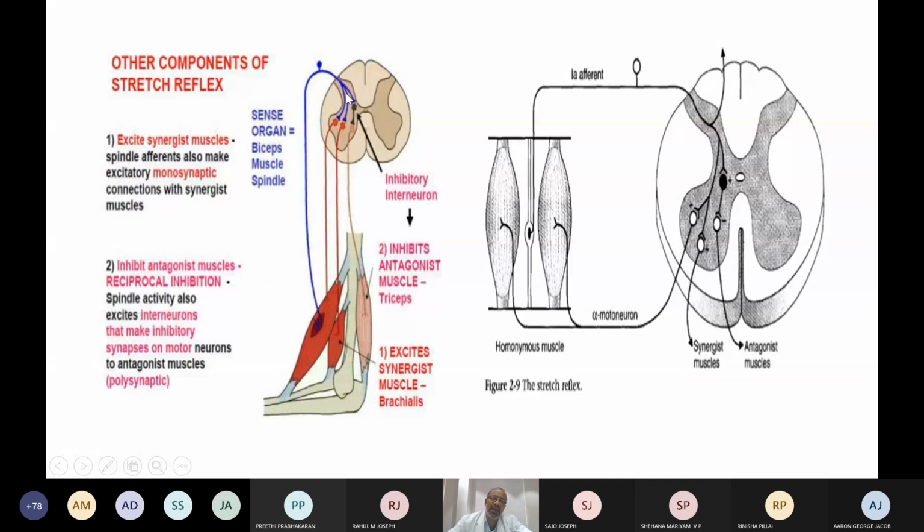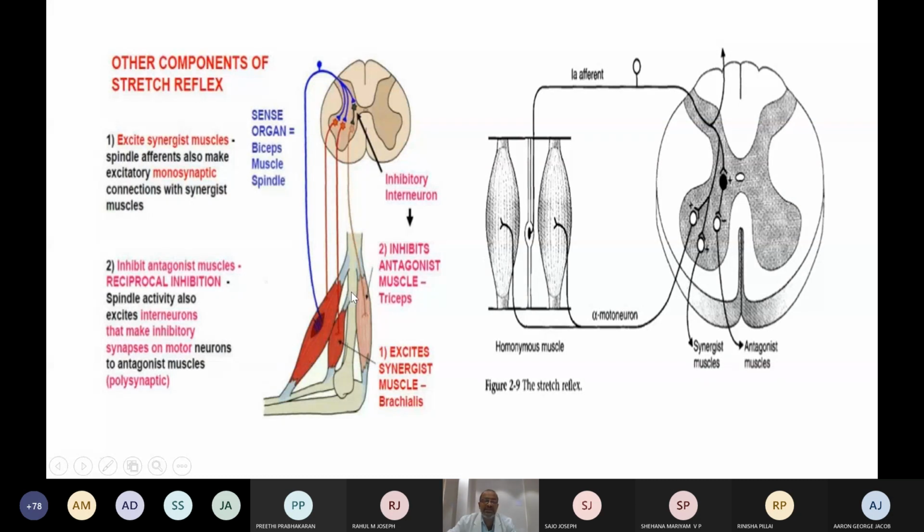This particular sensory nerve is in communication with the efferent nerve back to the same muscle, and another efferent nerve supplying a synergistic muscle, and through an interneuron, information is carried through another motor neuron to the antagonistic muscle. As a result, you can see what is happening because of this reciprocal inhibition.